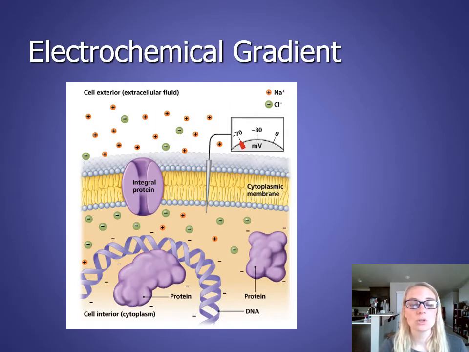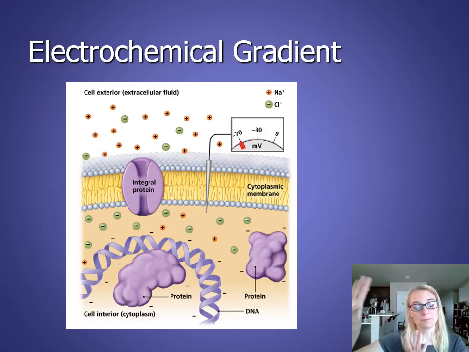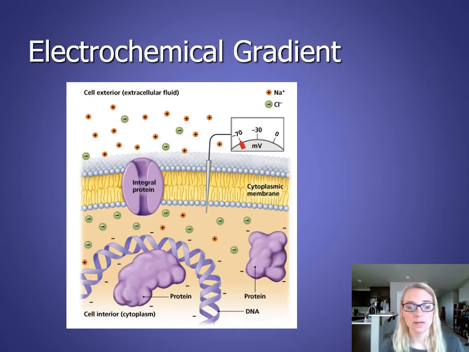Okay. So you should also be somewhat familiar with what we call an electrochemical gradient. Because of that selective permeability of the plasma membrane, it can help to create differences in concentrations of things and differences in charges of things. So in this diagram, we're showing primarily just sodium and chlorine, which are two very common ions that you might find inside and outside of cells.